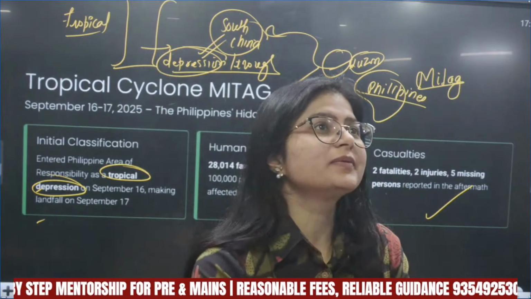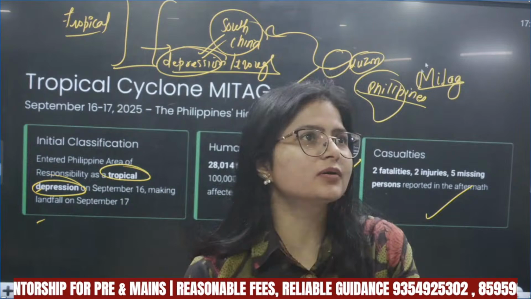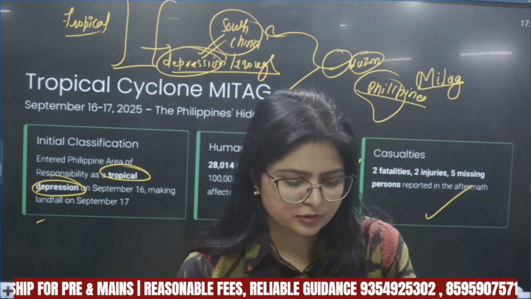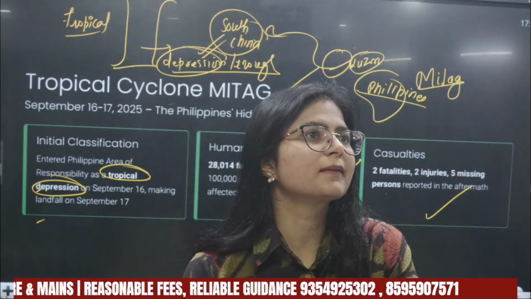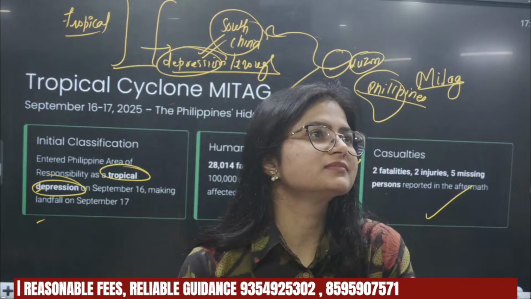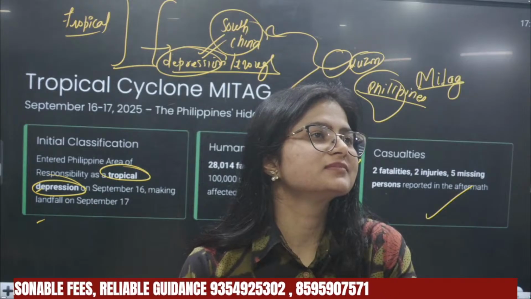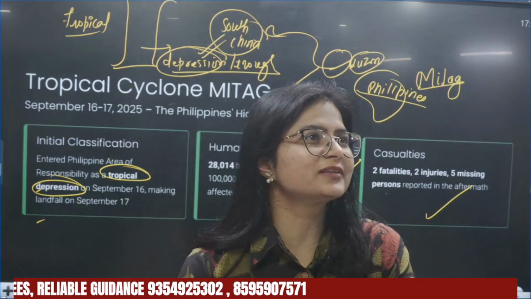I cannot see your replies. I can see you typing. Use the chat box, or you can just switch on your microphones, please. All right, you want to complete the previous questions first.